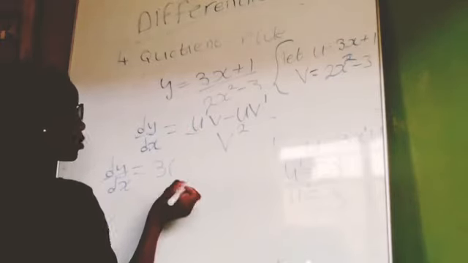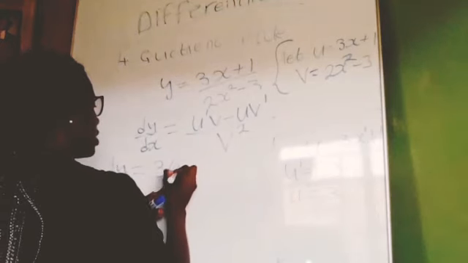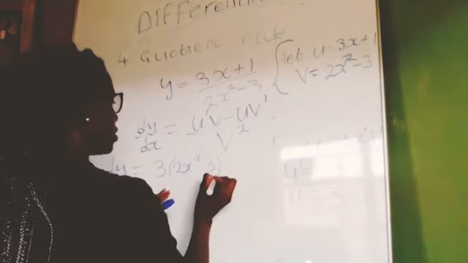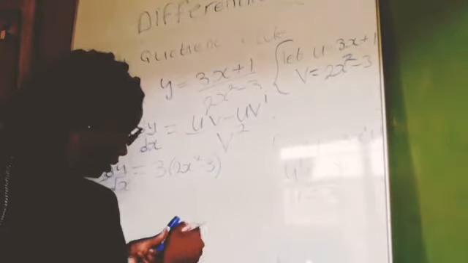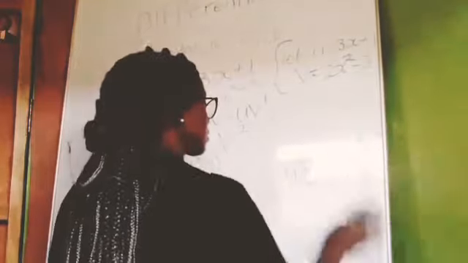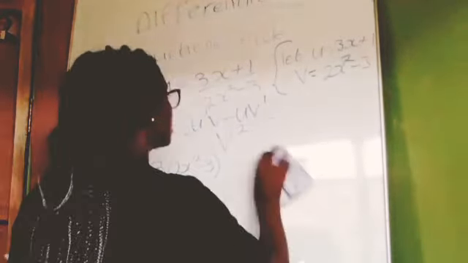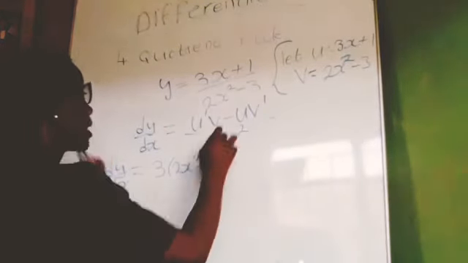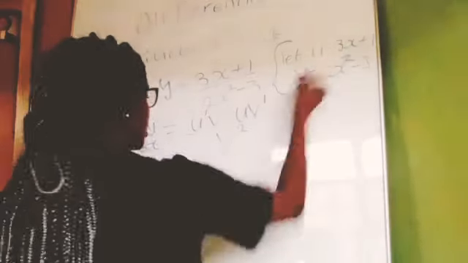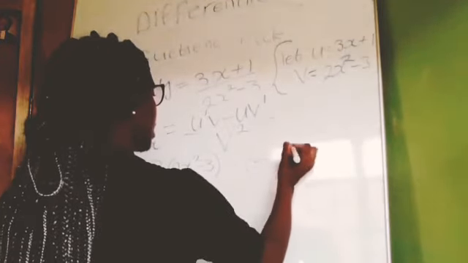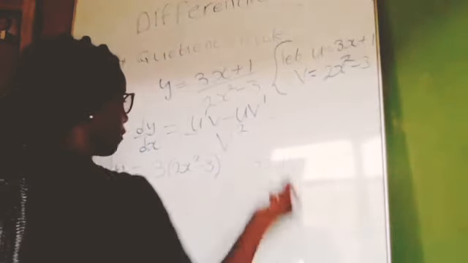So 3 is being multiplied with the v equation, which is 2x squared minus 3. So then minus u, which is this equation, 3x plus 1, which is being multiplied with v prime.